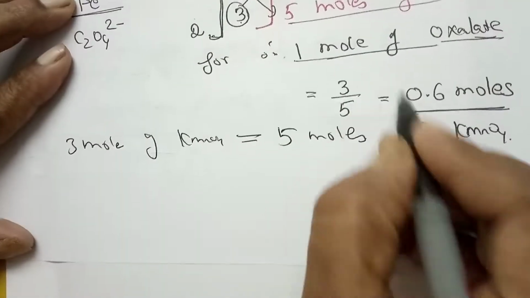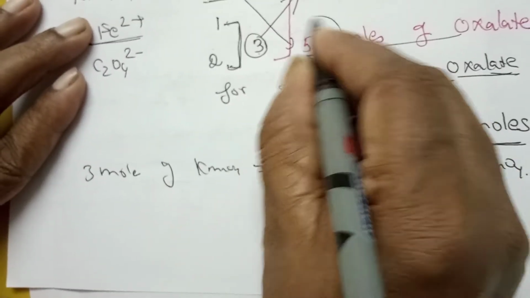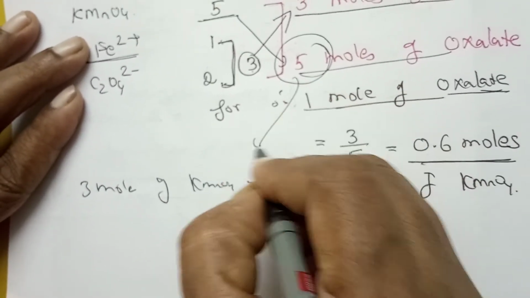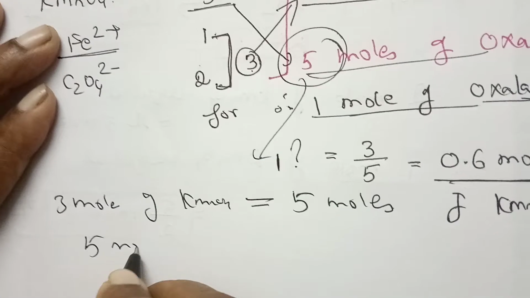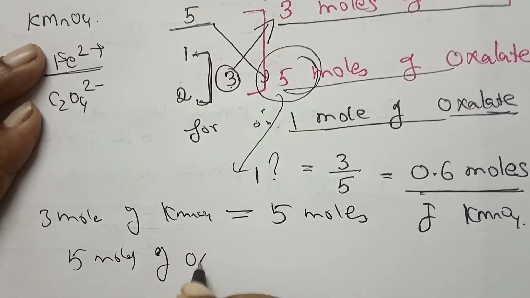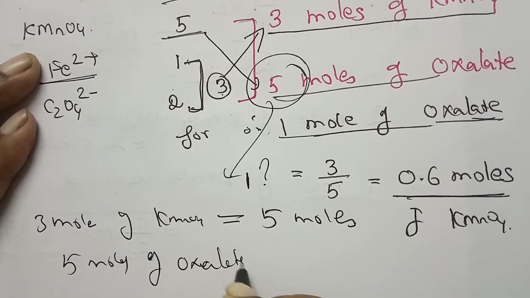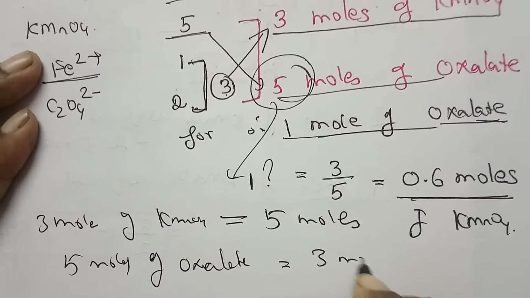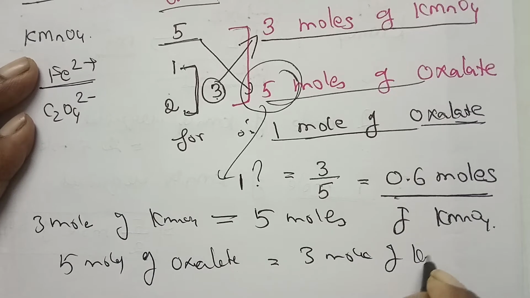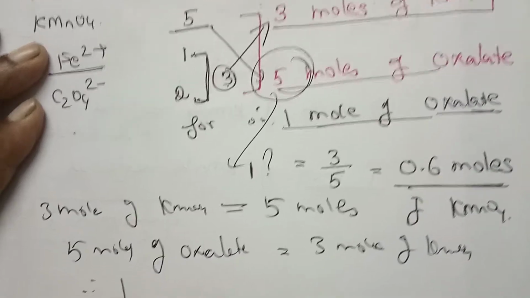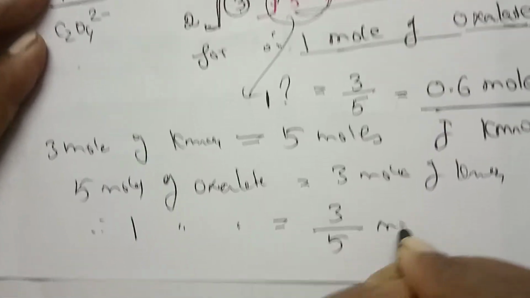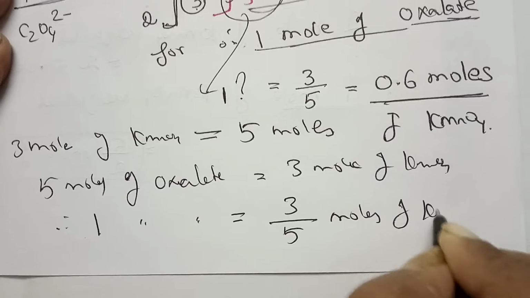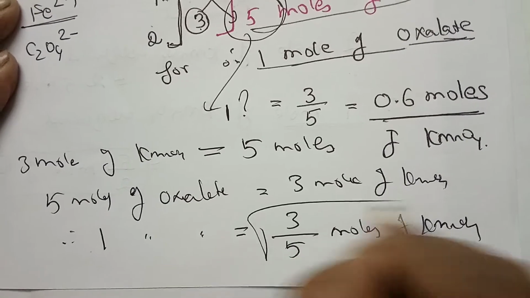Here 5 moles of ferrous oxalate require 3 moles of permanganate. So therefore 1 mole of ferrous oxalate requires 3/5 mole of permanganate. This is your answer.